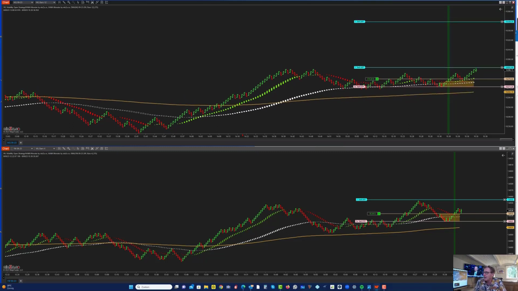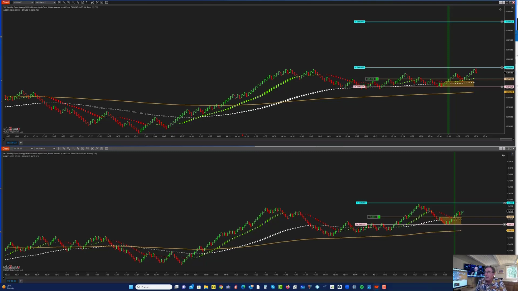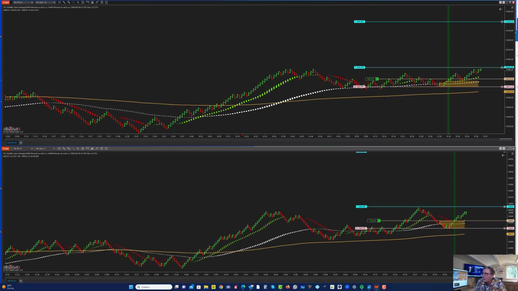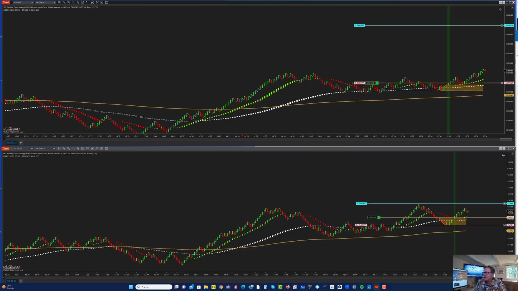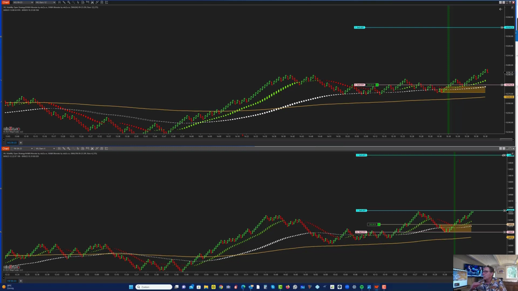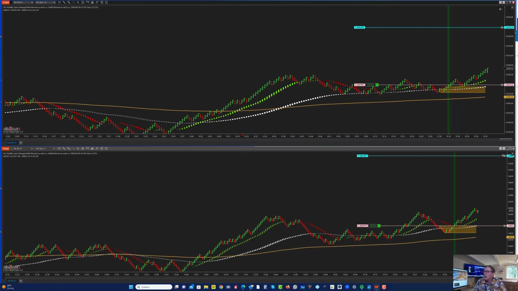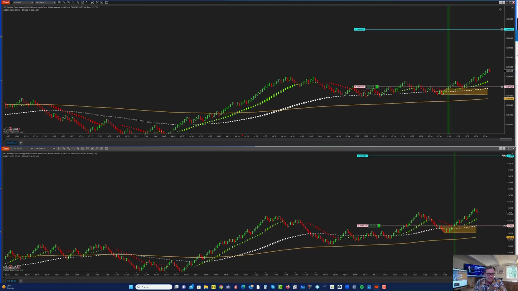Now, when one target is hit, like it is with almost the Nasdaq, you will see the stop jump to break even. Order filled. And it jumps to break even. And now, every time we see a triad, that stop will jump just below that triad.